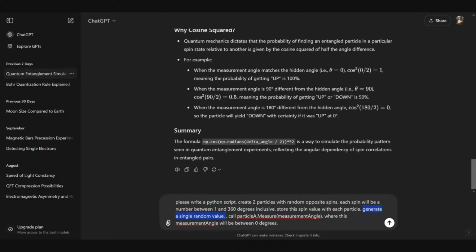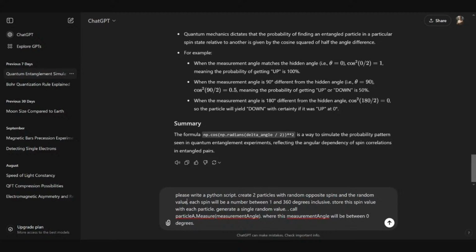Let's before we create, so when we create two particles with random opposite spins and the random value. Oh my god, there's traffic outside. I need to leave soon. Each spin will be a number between 1 and 360 degrees inclusive.